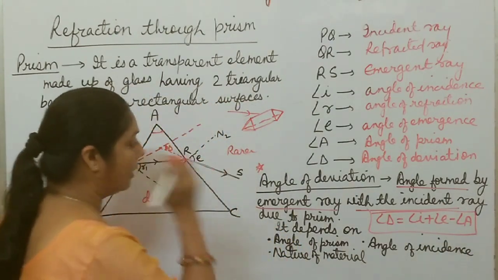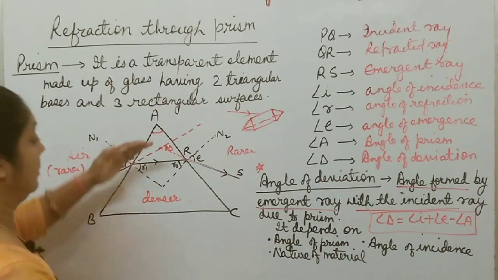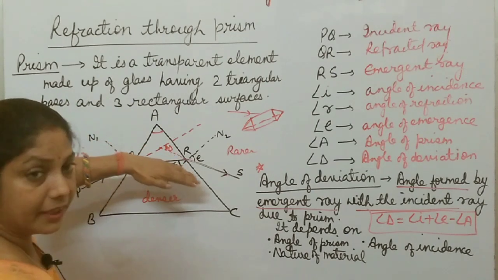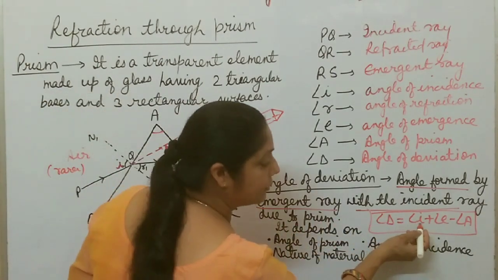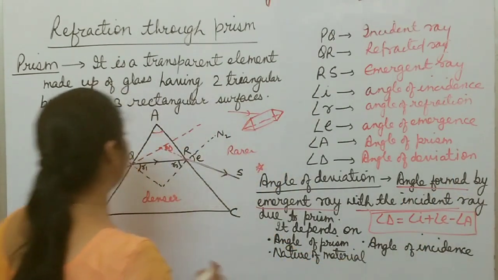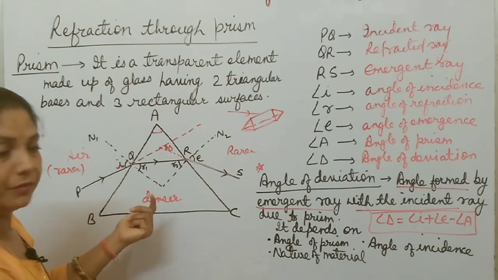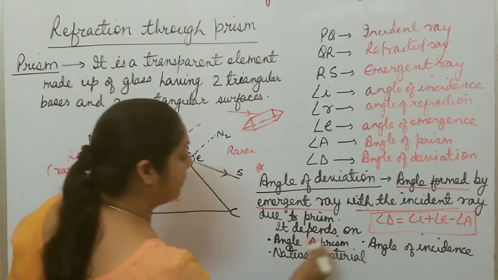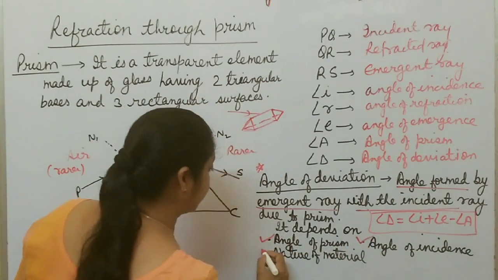It means, on which factors does the angle of deviation depend? How much and in which direction light deviates from the original direction depends on the angle of incidence, angle of emergence, angle of prism, and also the nature of the material the prism is made of. So the angle of deviation depends on the angle of prism, angle of incidence and nature of material.